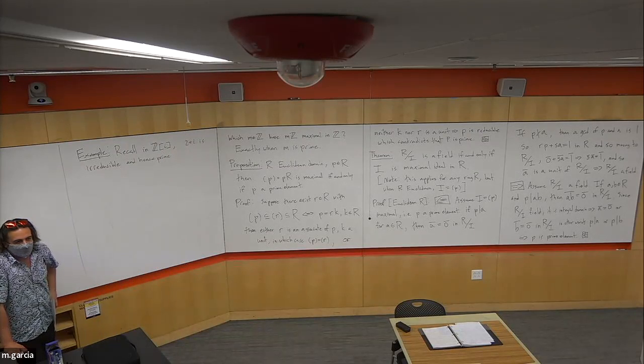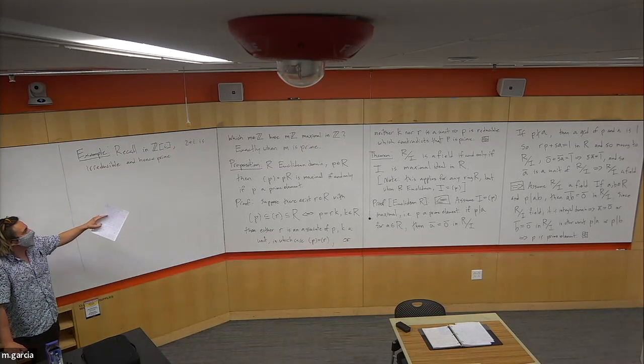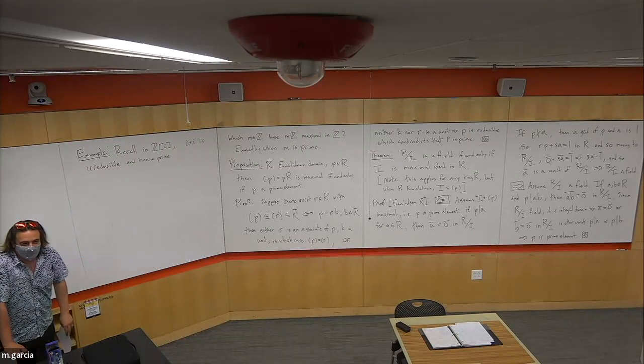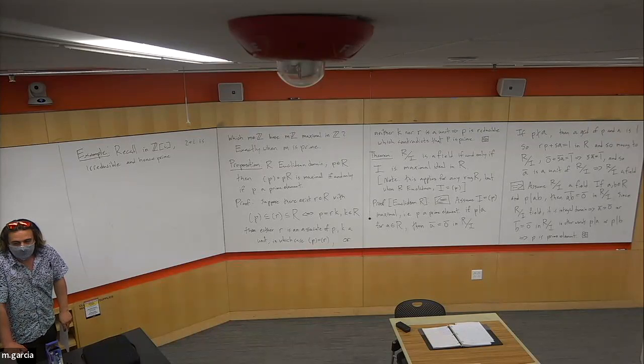Remember, we saw this when we exhibited 2 plus i as a factor of 5 in Z adjoint i. And how did we show that it was irreducible? It's obviously not a unit, good.